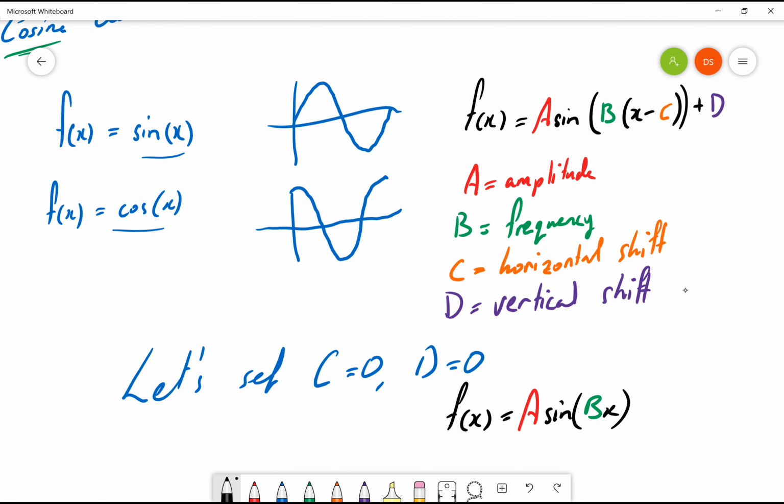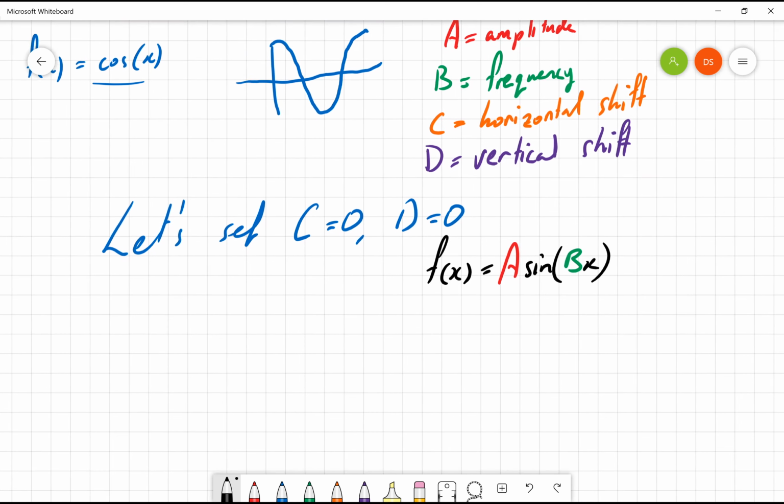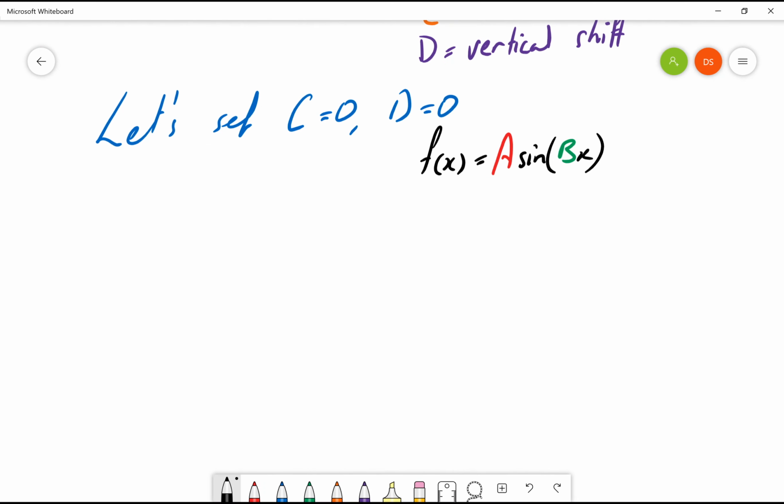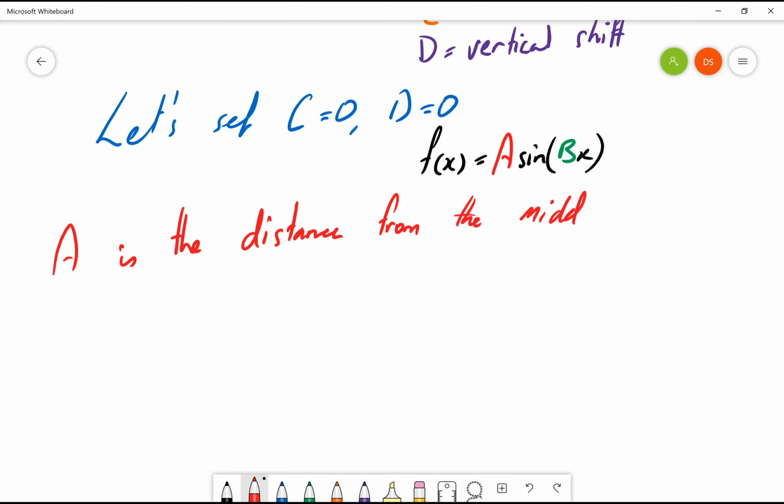All right, so if A sine bx is our model, A tells you the distance from the middle to the highest point.